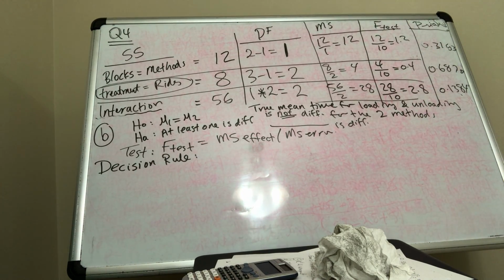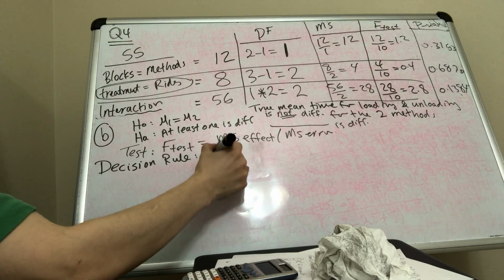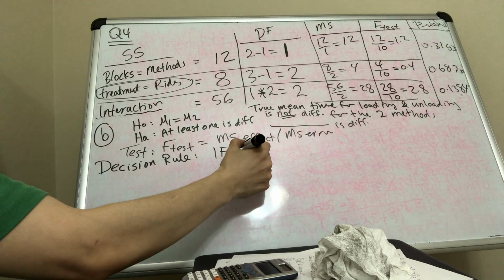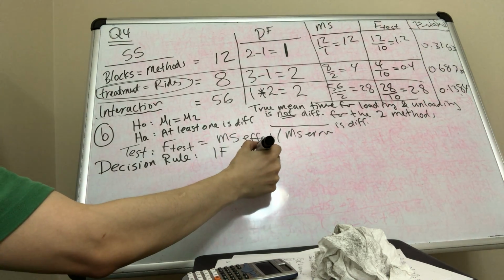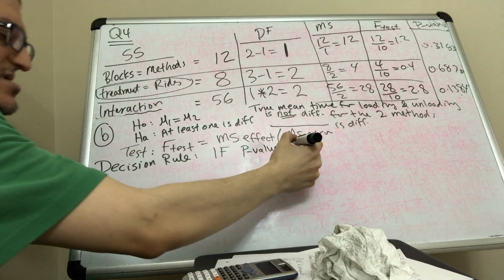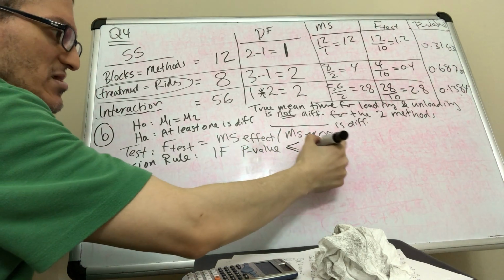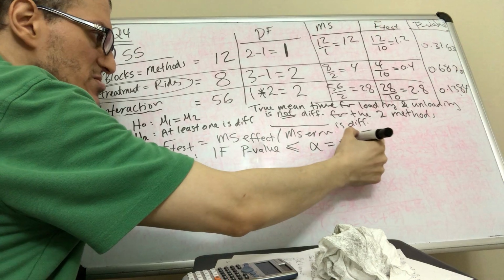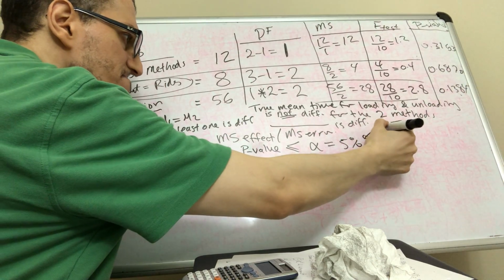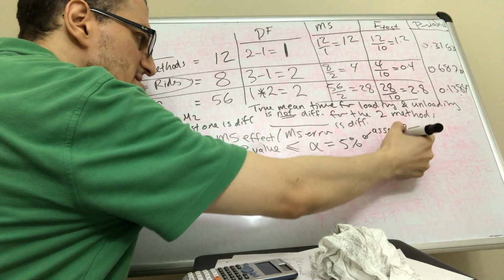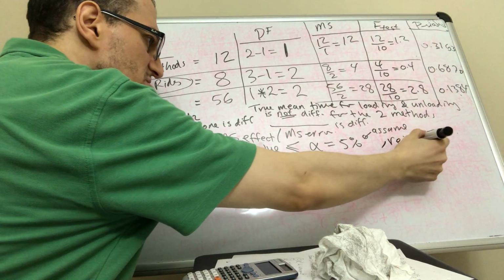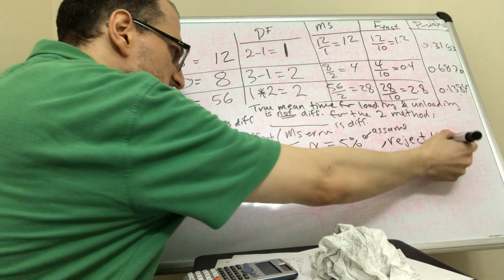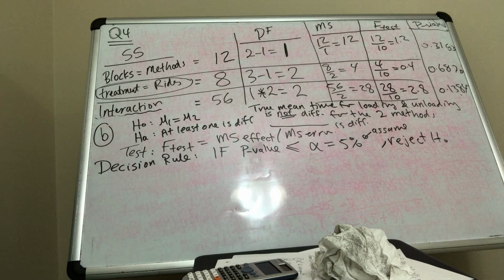Again, to make life easy, I'm going to base my decision on p-value. If p-value is less than or equal to alpha, we're going to assume 5% is not given, we're going to reject H0.